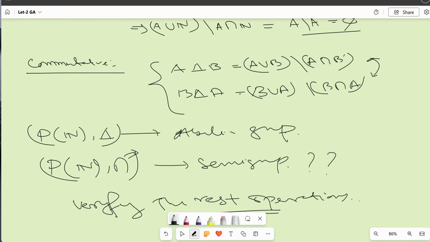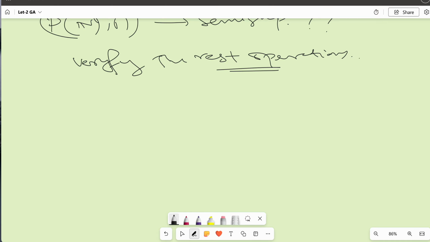So the power set of natural numbers with respect to symmetric difference and intersection is a ring.